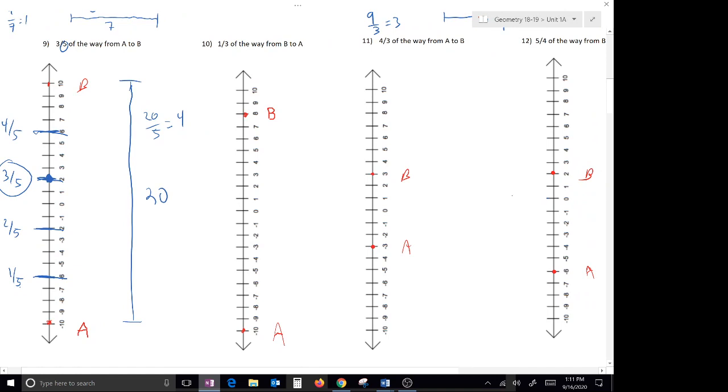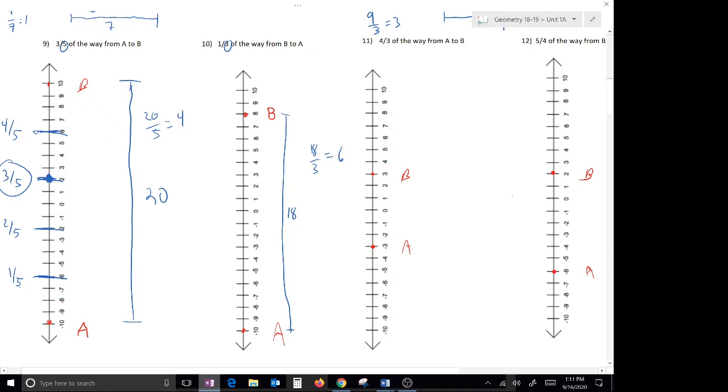Number 10. If we want to go 1/3 of the way from B to A, so we're going down. Well, from +8 to -10, that is a total distance of 18. Dividing that into thirds, well, 18 divided by 3 equals 6.